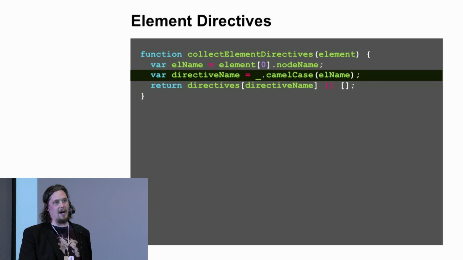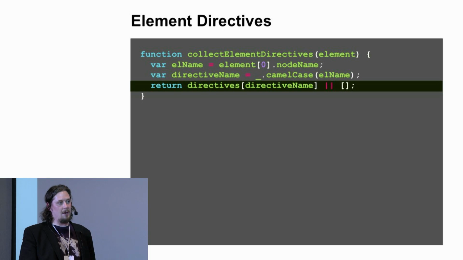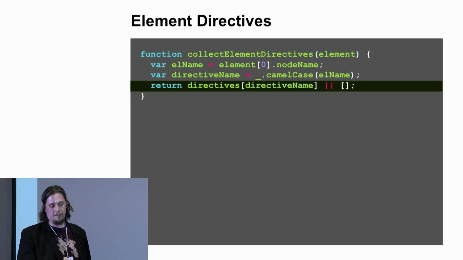So we need to use Lodash or some helper function to camel case that string. And then we can just look it up from the directive storage. We find any directives that have been registered using that method that we introduced earlier with a name that matches the camel-cased element name, and we just return that array from this function. Or we return an empty array if we don't find any of those directives.